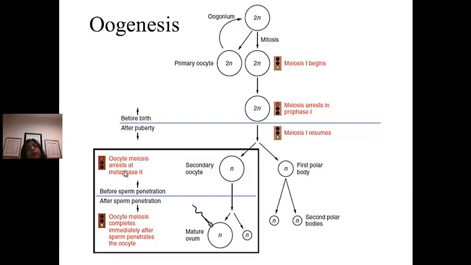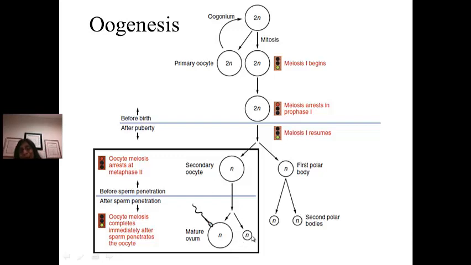In the presence of sperm is when the secondary oocyte can resume meiosis II and complete very quickly and result in two cells. One of them is called the ovum. This is called the second polar body. The same trick occurs again. One cell gets all or most of the cytoplasm.